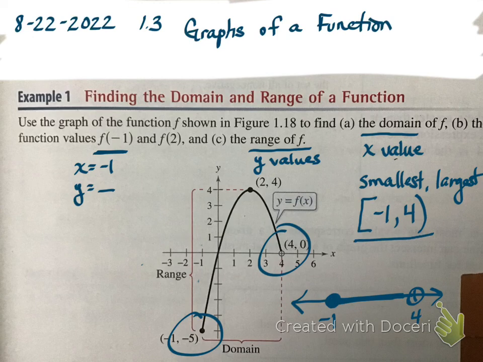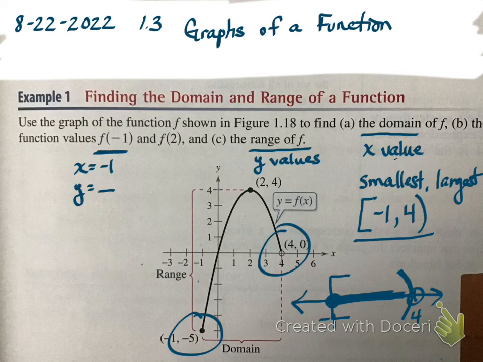So for the bracket, you kind of want to imagine the -1 is included, so that's what the bracket means. And you can kind of see the bracket coming right down through the -1, and then all these numbers are included, and then we get super close to the 4, but we don't reach it. So that's what the parenthesis is symbolizing.